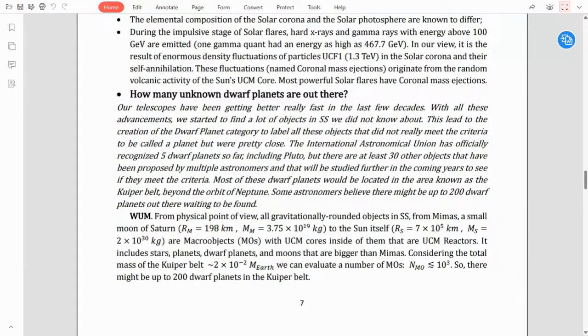Considering the total mass of the Kuiper belt, about 1/100th of Earth's mass, we can evaluate a number of macro objects. It's about 10 to the power 3, about 1,000. So there might be up to 200 dwarf planets in the Kuiper belt, as was hypothesized.